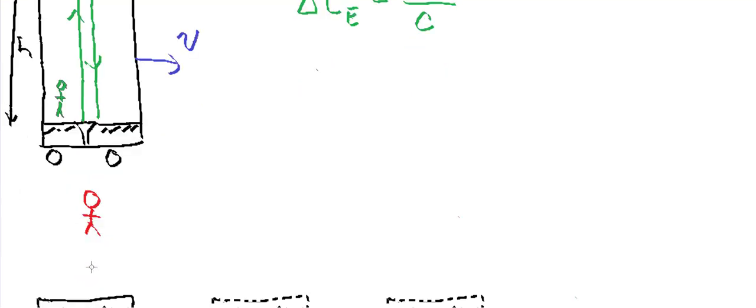I didn't get to measure a proper time interval there because I don't see the two events occur at the same location in space. I see the light leave the flashlight right here, and then I see the light return to the flashlight over here. And so those are two spatially disparate points.